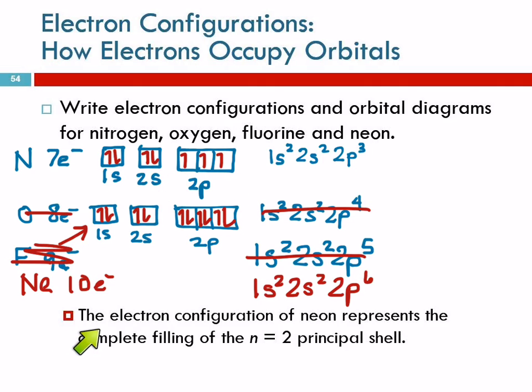The electron configuration of neon represents the complete filling of the n equals 2 principal shell. In the hotel, neon fills the first and second floor. And it turns out that's an extra special situation. It's extra stable. Okay?